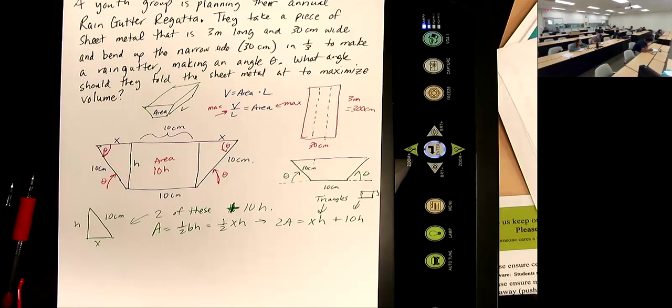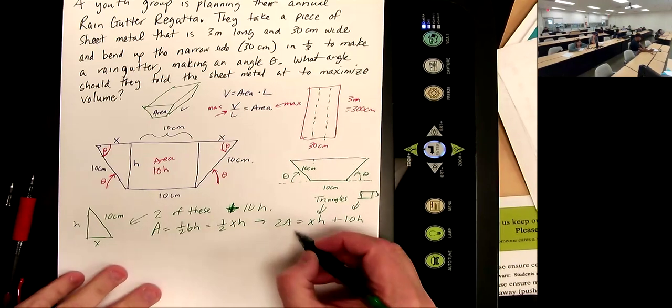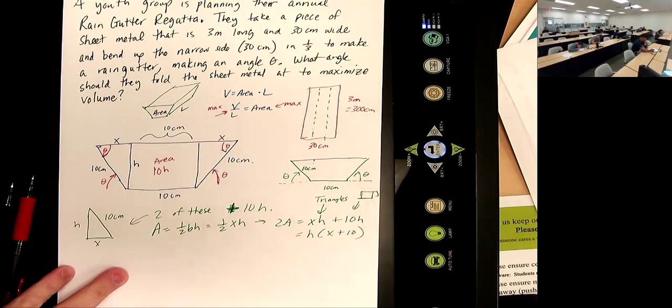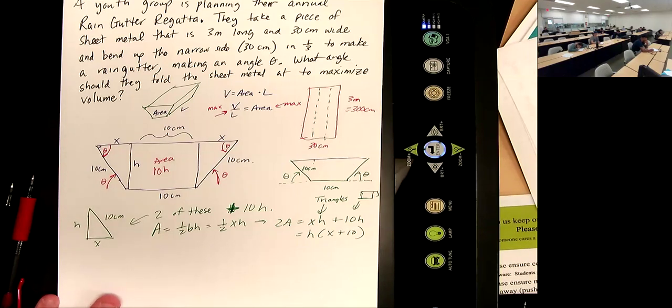But none of those have angles in them, and that's what we need to focus on. So we need to rewrite that in terms of angles. This might be a little easier if we factor out the H and make it H times X plus 10. We're going to have a product either way, but here we'll have fewer derivatives to take.